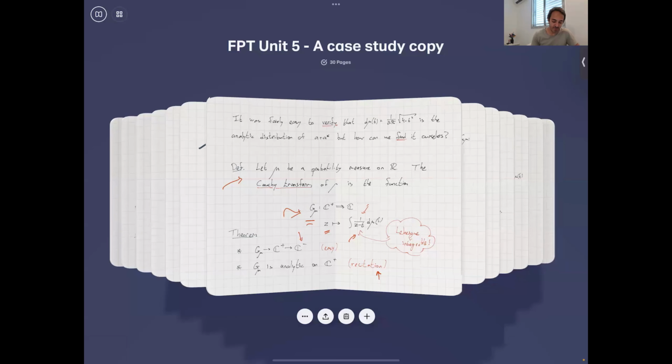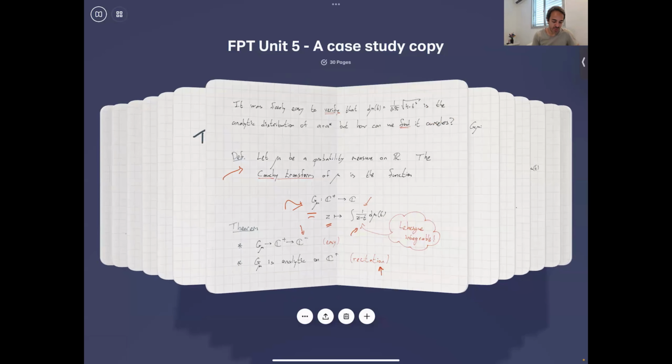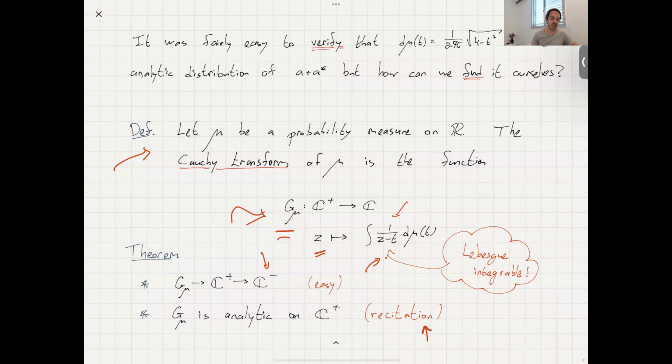Now, the first thing you want to make sure that you can do is that you can actually restore mu from G mu, right? So you want to be sure that the Cauchy transform actually encodes mu, in that you can revert. You can go from G mu to mu. And indeed, that's one of the main advantages of the Cauchy transform. First of all, it's an analytic function, so it's nice to work with.